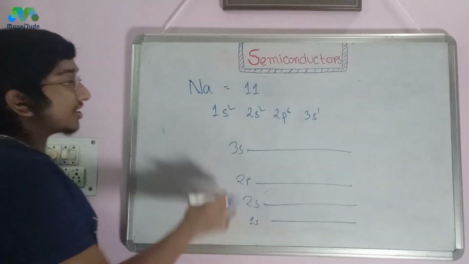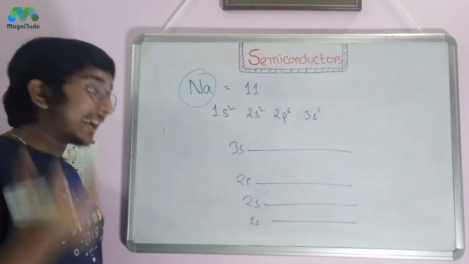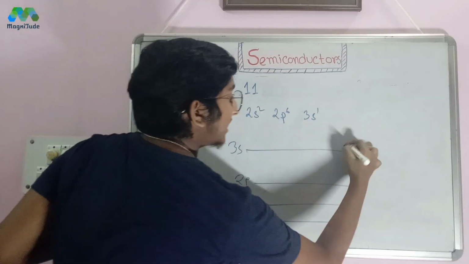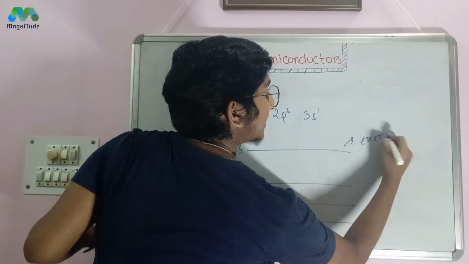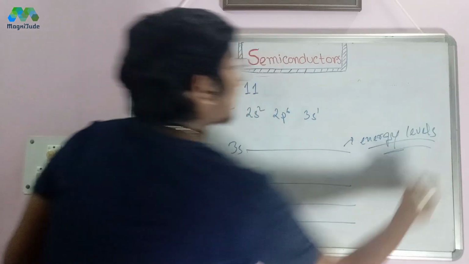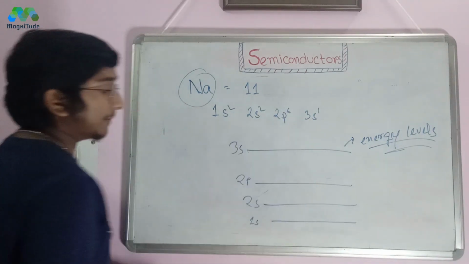When Na is in an isolated form, all these energy levels will be discrete, meaning a single line each.